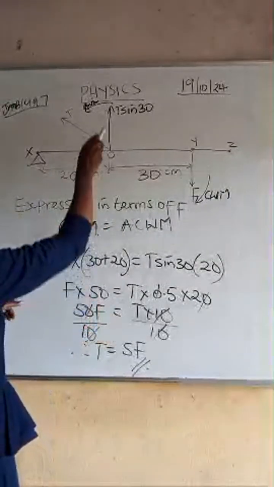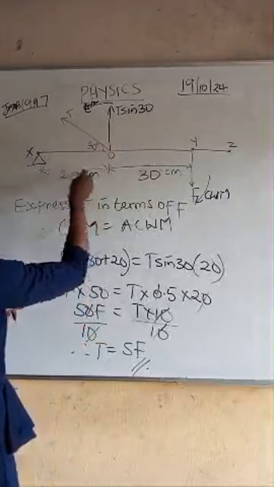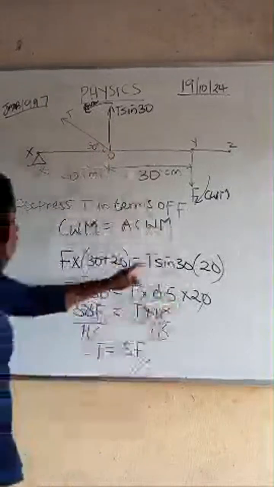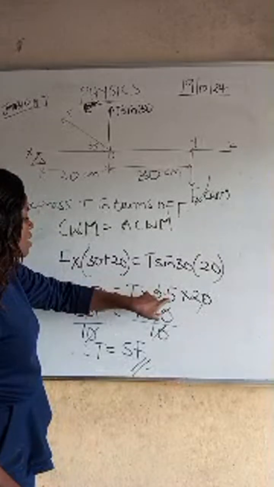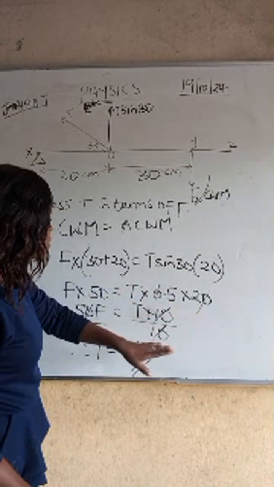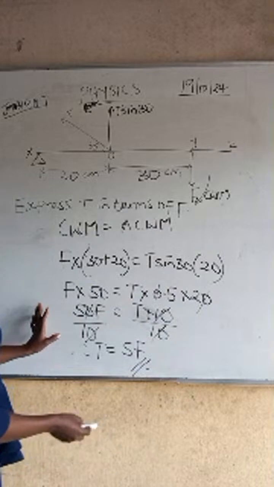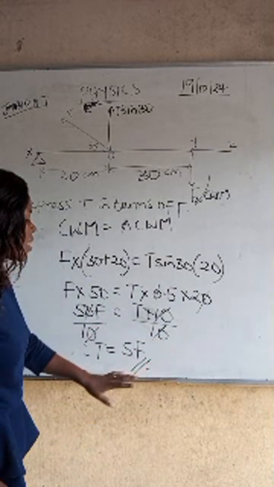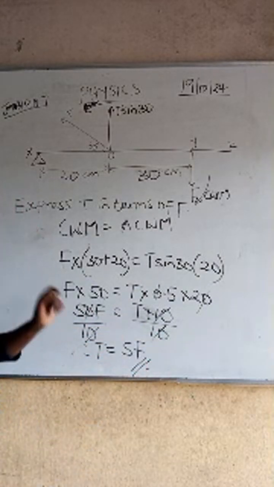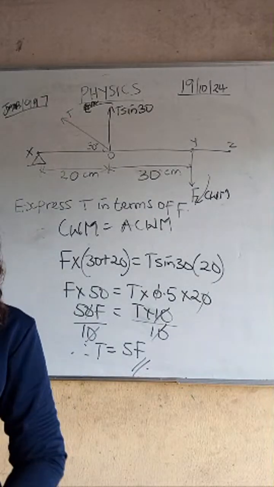Why is this distance from here to here 20? Then you open up to say sine 30 to be this, multiply by this to have 10. We divide both sides by the coefficient of T to get T as 5F.